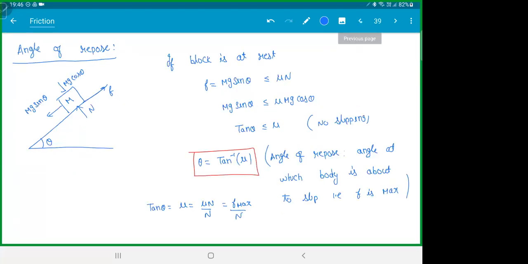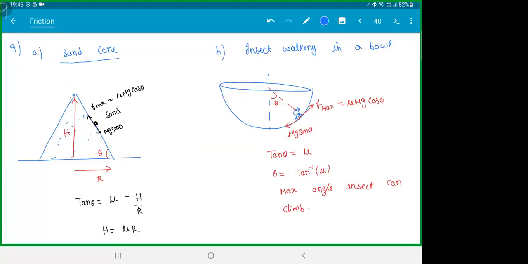Find the angle on the incline, or find the angle in a bowl, or find the sand cone, whatever. Clear?